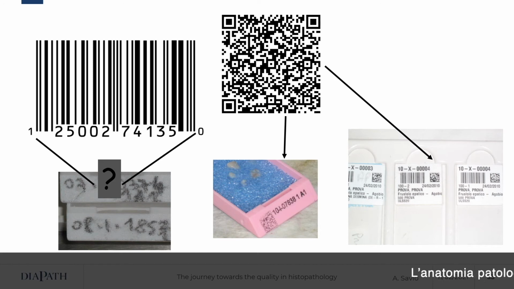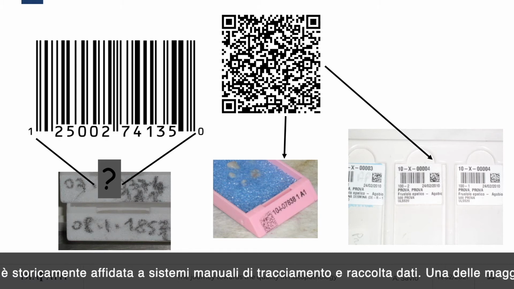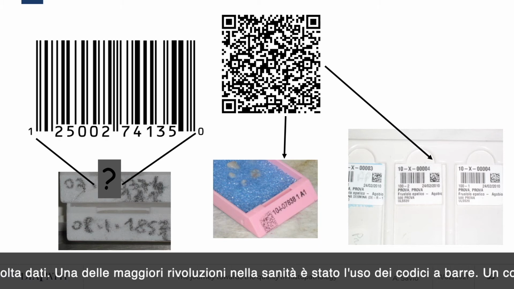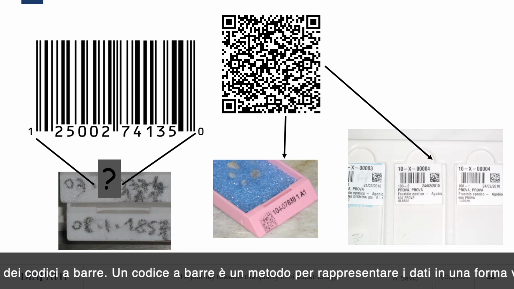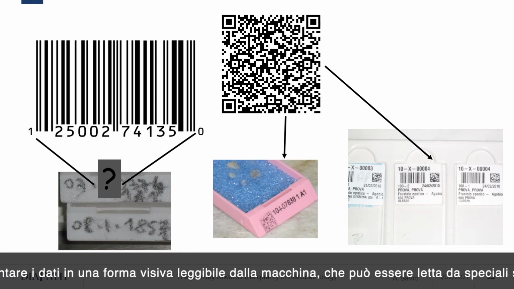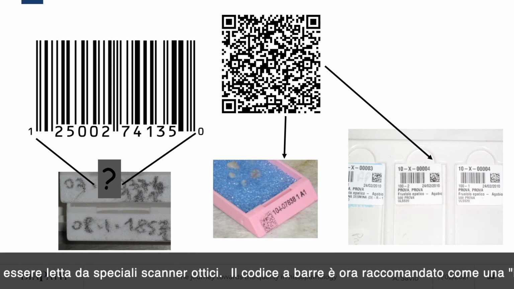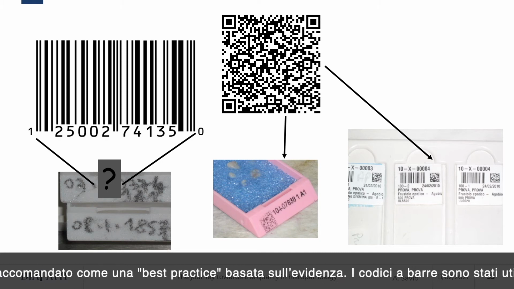Anatomic pathology has historically relied on manual systems of tracking and data collection. One of the major revolutions in healthcare has been the use of barcodes. A barcode is a method of representing data in a machine-readable visual form that can be read by special optical scanners. Barcoding is now recommended as an evidence-based best practice.